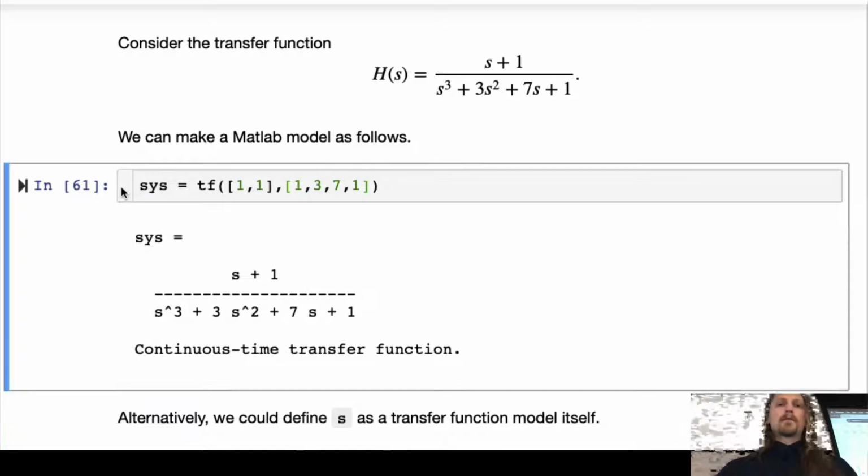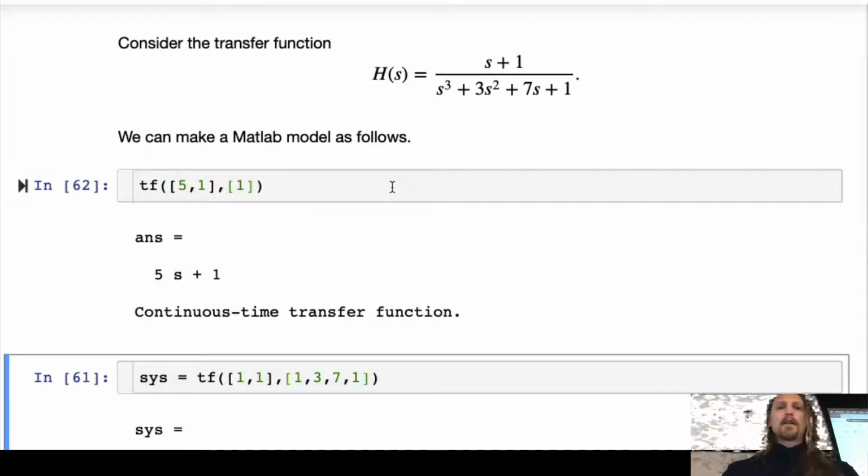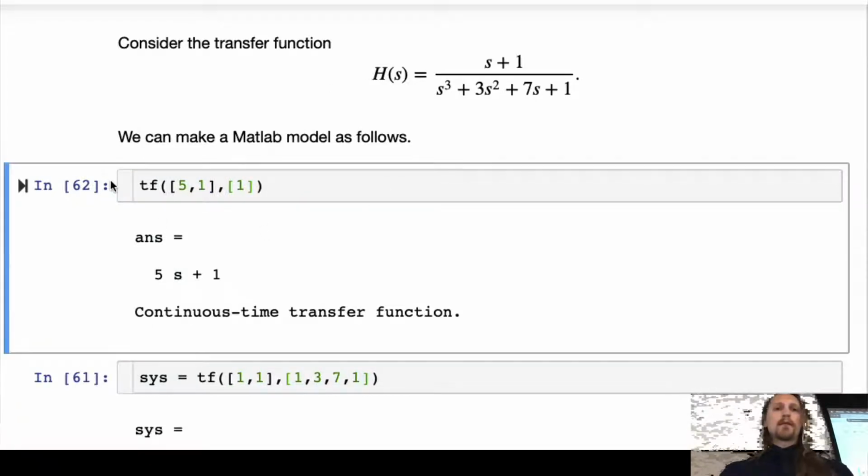You would do TF of, and then say the numerator was 5s plus 1, and the denominator has nothing in it. Well, actually, the denominator would have a coefficient of 1. That makes sense. Yeah.